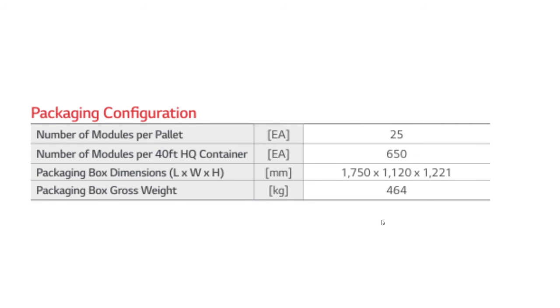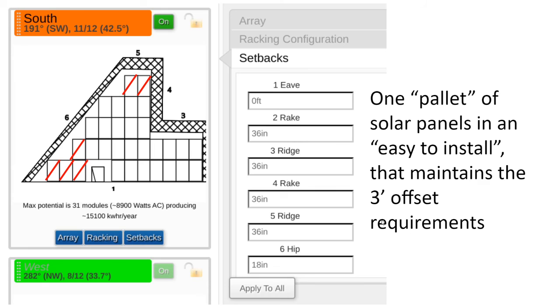But for this particular solar panel, looking at the spec sheet, one pallet of panels comes with 25 solar panels. So if my client only has budget for one pallet of solar panels, I can easily fit 25 solar panels on the south side of the roof, regardless of whether or not it's in a portrait or landscape orientation.